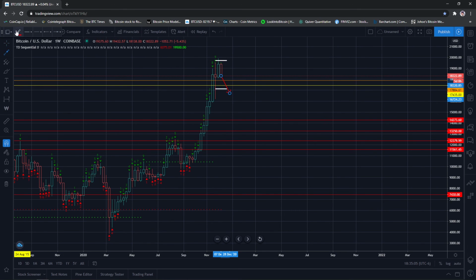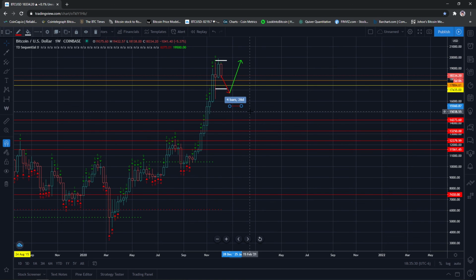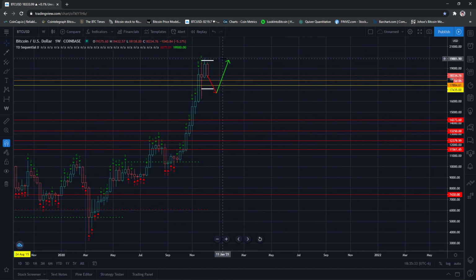And then we would rally back into these highs and potentially break them here, right? Because I think the dip, we're not going to wait any more than 1 to 4 weeks. So I think by the end of January, at the latest, we would be back up to these levels that we were at, right around 20,000, with potentially breaking out.